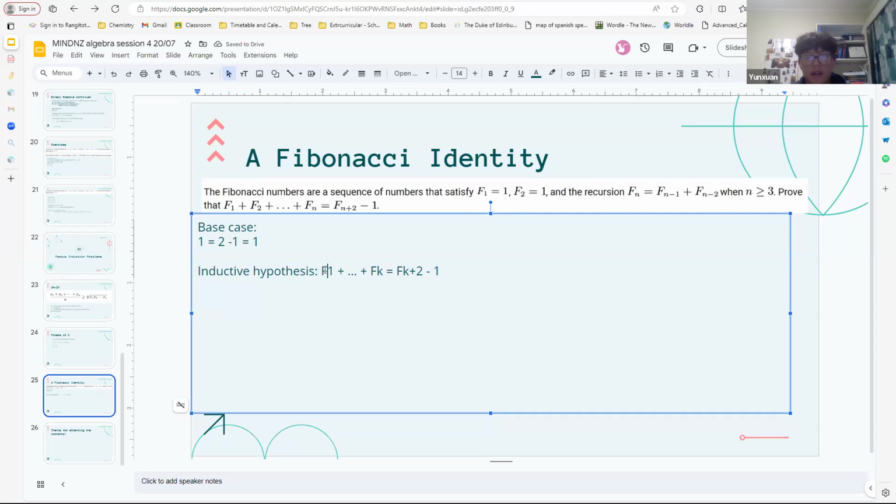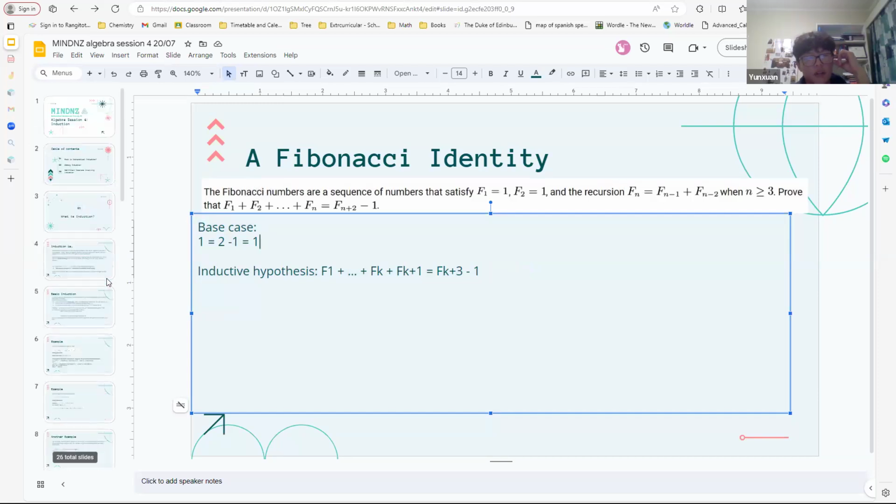So how do we extend this to Fk plus 1? We just add it on both sides, right? If we add it on both sides, we get Fk plus 2 plus Fk plus 1 on the right-hand side, which just simplifies to Fk plus 3 minus 1, which makes it obviously work for k plus 1.